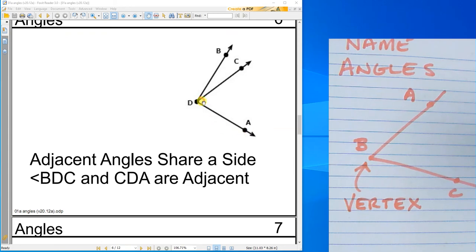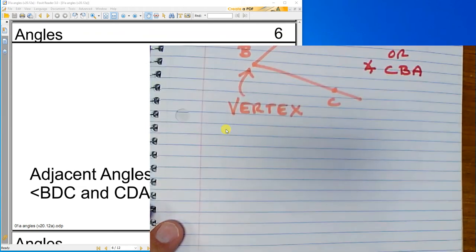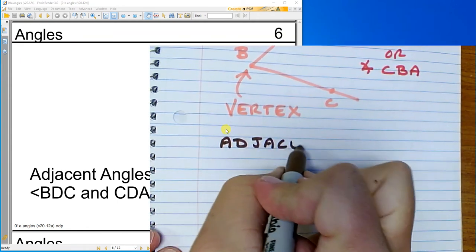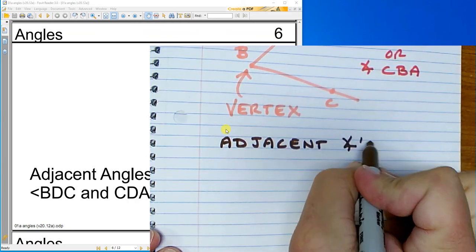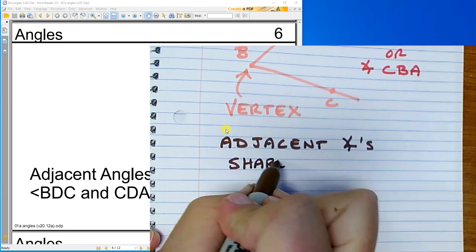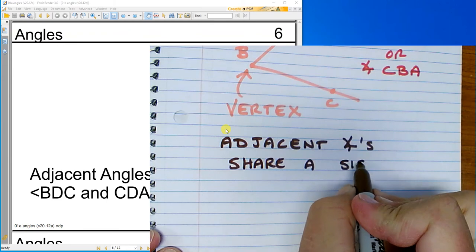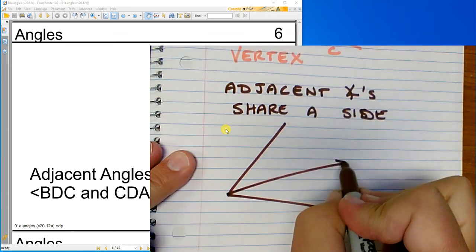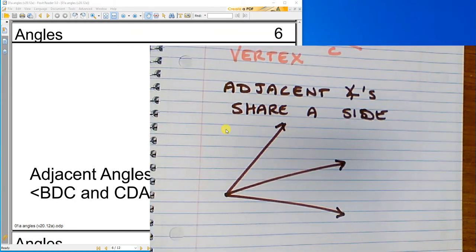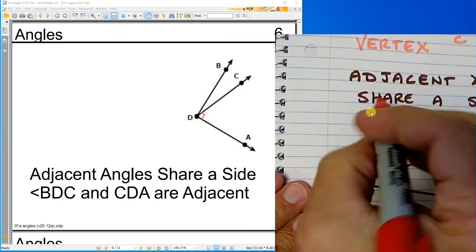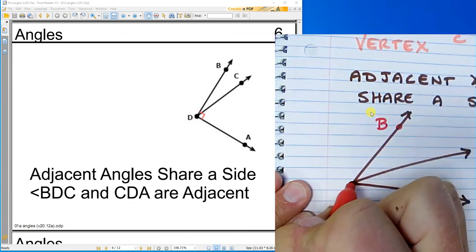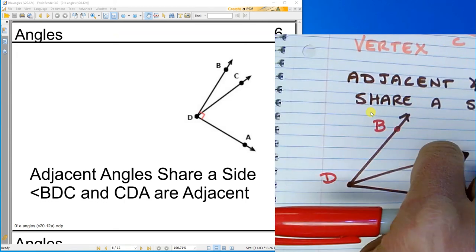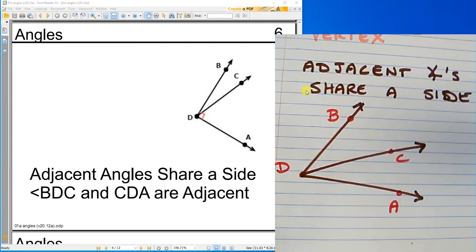Adjacent angles share a side. So if I have this angle, BDC, so BDC and CDA are adjacent.